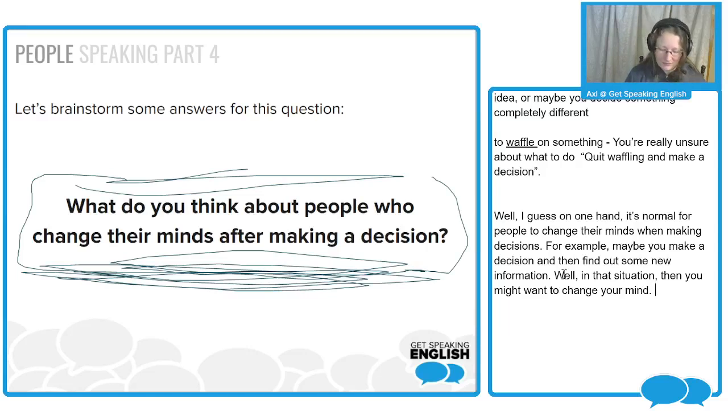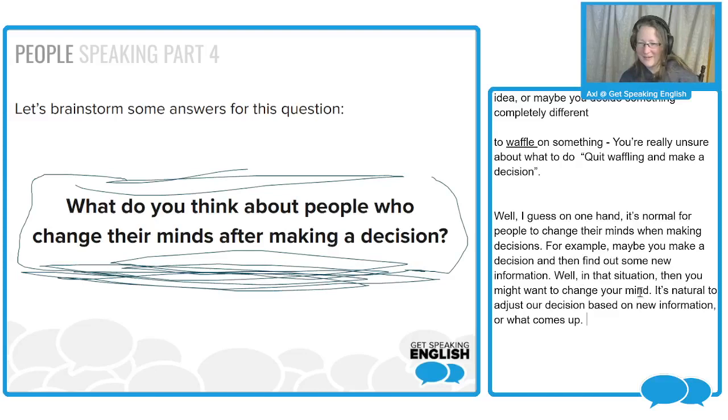So it's natural to adjust our decision based on new information, or what comes up. If we adjust our decision, that means we're modifying it, according to new information or things that happened.